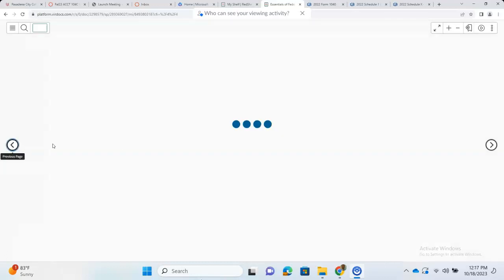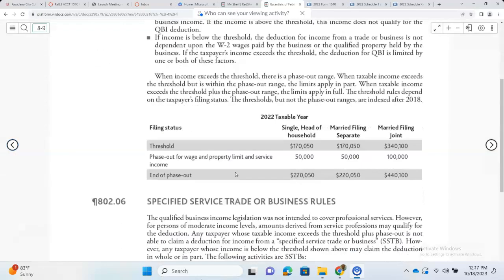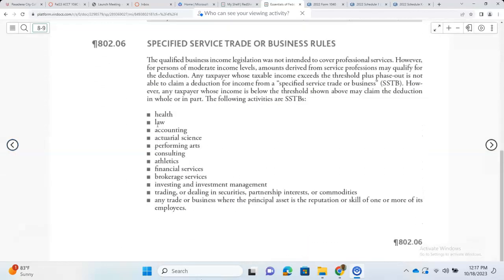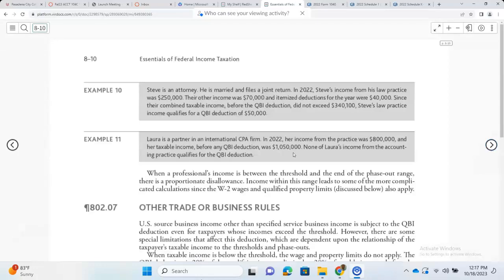So law practice, watch here. You see the law is here. How come he gets that thing? I don't know. Law should not be included. It's in the list.